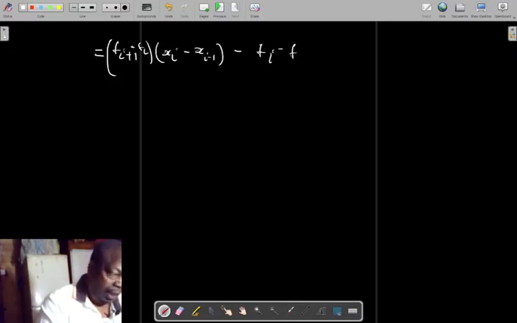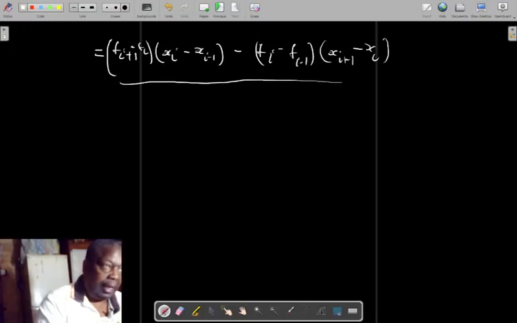So we have this is equal to (f_{i+1} - f_i)(x_i - x_{i-1}) minus (f_i - f_{i-1})(x_{i+1} - x_i), divided by (x_{i+1} - x_i) all of that squared, times (x_i - x_{i-1}).